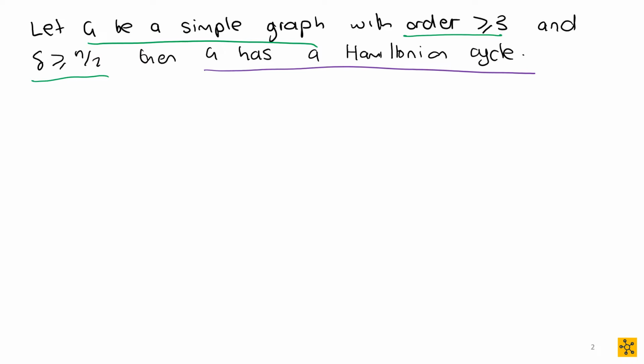So we say, okay, let P be the longest path in this graph. Let P equal v1, v2, etc., all the way to vk, be the longest path in G. Now, if it's the longest path, it can't be extended, so you can't get a longer path.